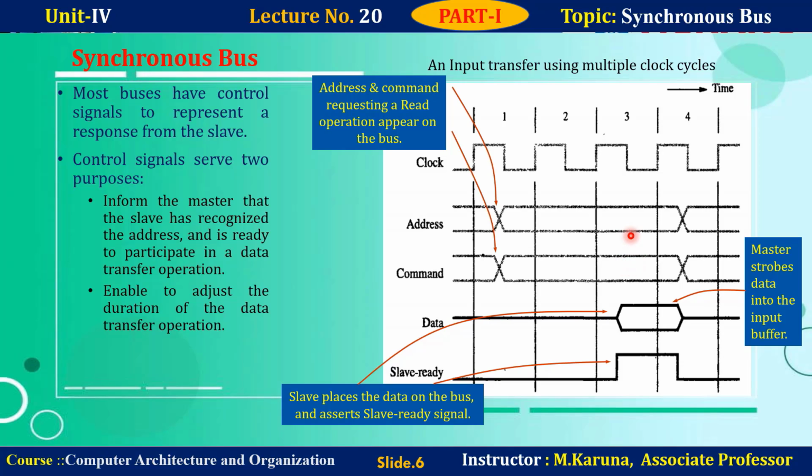Another device may respond sooner or later. If the addressed device does not respond at all, the master waits for some predefined maximum number of clock cycles, then aborts the operation. That indicates there may be an incorrect address or a device malfunction.